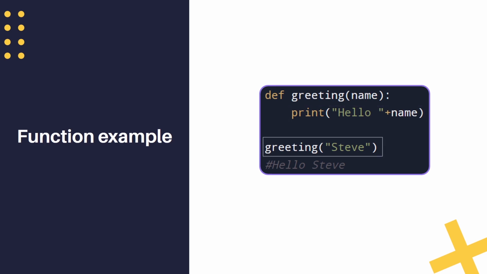We then invoke or call the function greeting and pass the keyword or name Steve, and the result is hello Steve. Note that in this function we do not return any sort of data for further computation. This function simply just prints the statement hello Steve.